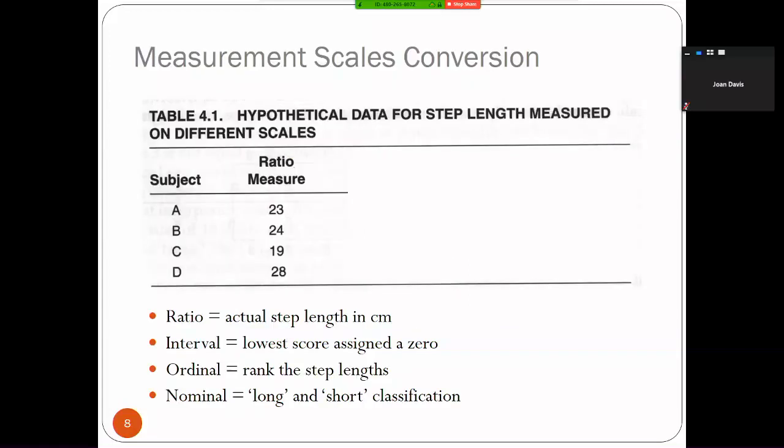So we can measure a scale. Here is a step length measured on a ratio scale. We can measure centimeters of average step length across subjects. So 23, 24, 19, 28.